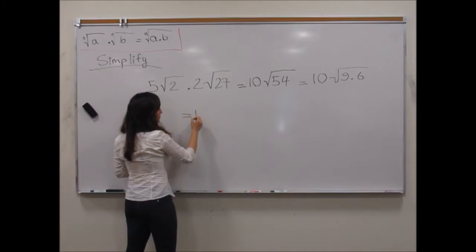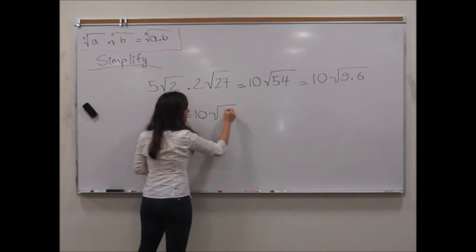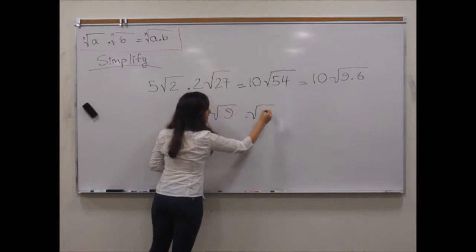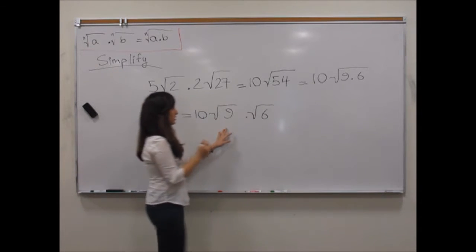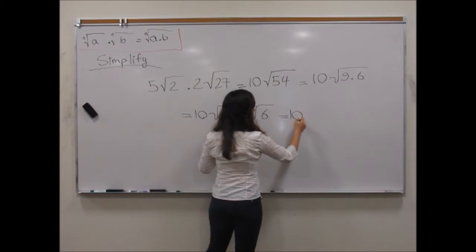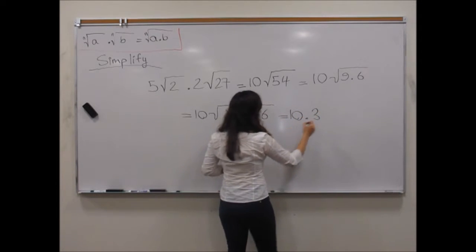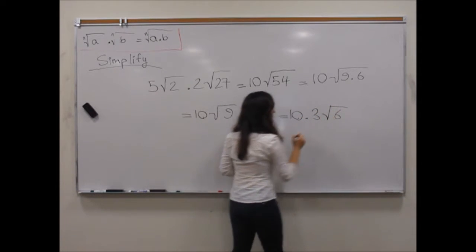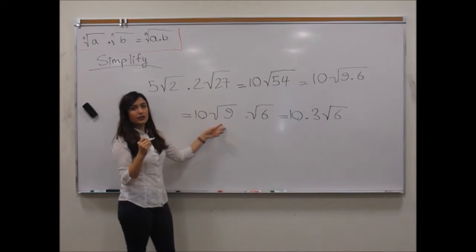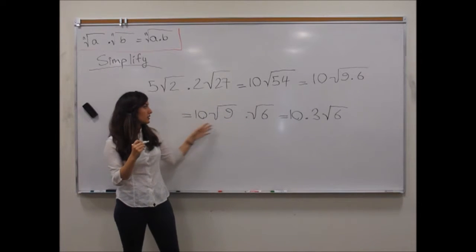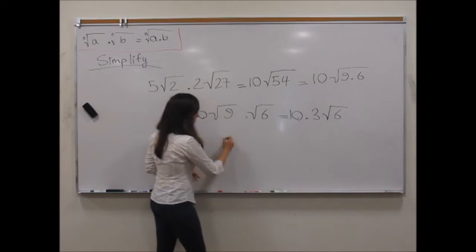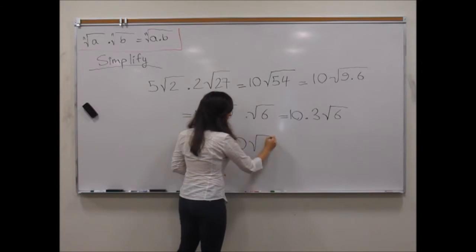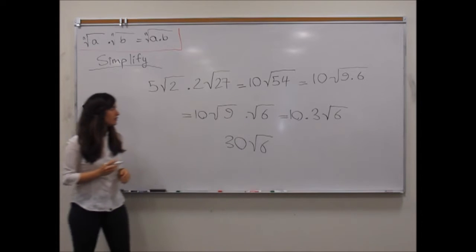So this is equal to 10 times rad 9 times rad 6, and 9 is a perfect square and is 3, so 10 times 3 times rad 6. Whatever leaves the radical gets multiplied by whatever is already outside the radical. 10 times 3 is 30, so it's 30 rad 6. This is the final answer.